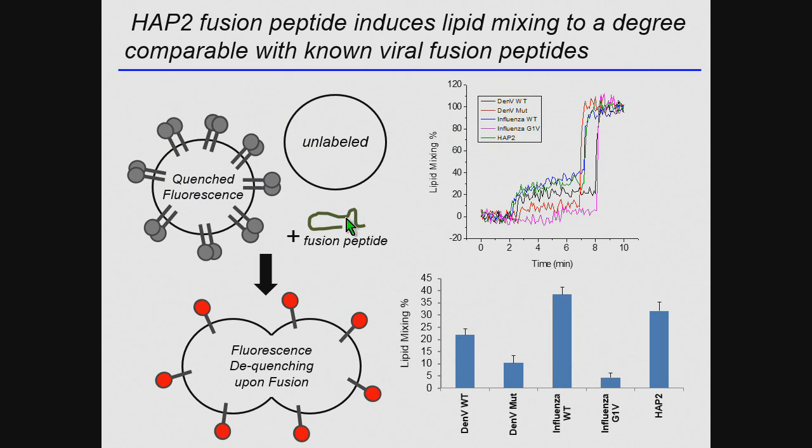Next, we did an assay that relies on the relief of a self-quenching R18 lipid in a bulk fusion assay. So when the quenched liposomes are fused in the context of peptide with an unlabeled liposome, you get a fluorescent readout. And we saw that wild-type fusion peptides as well as HAP2 induce this type of lipid mixing and increased fluorescence, but in mutant conditions, they do not increase fluorescence dequenching to the same level.